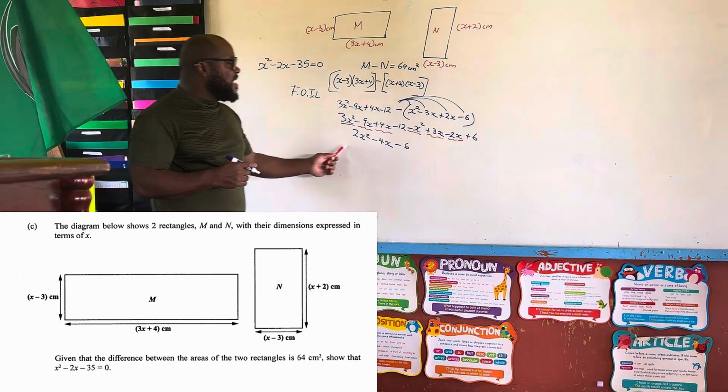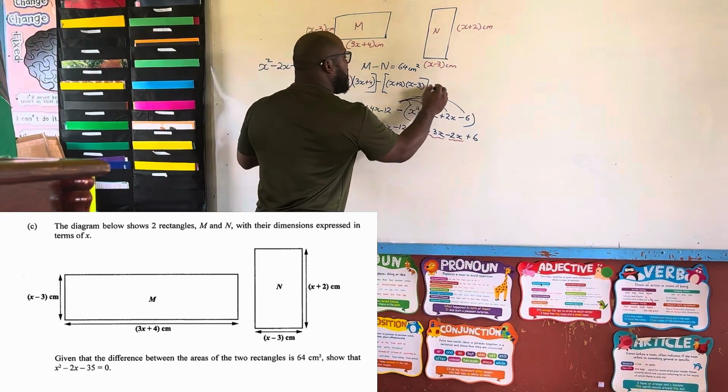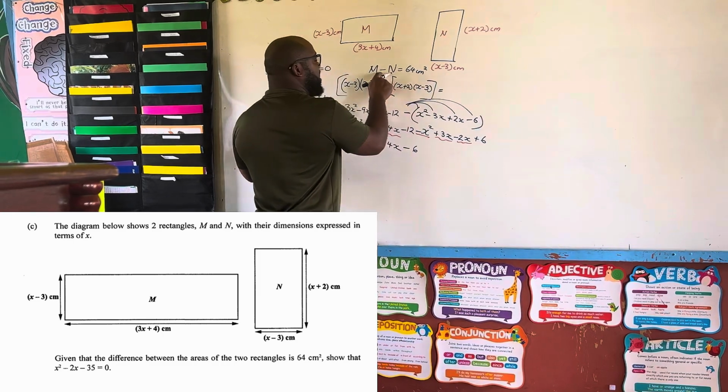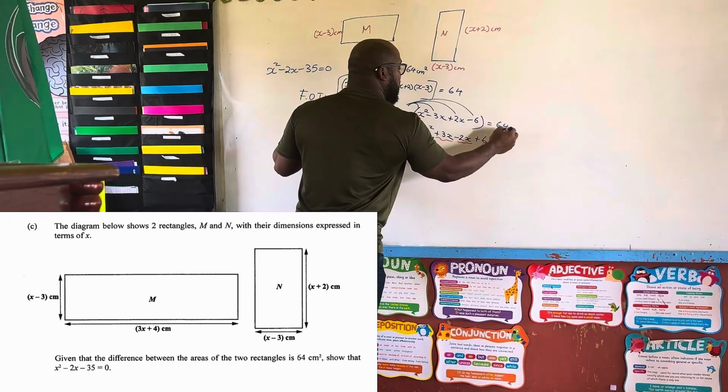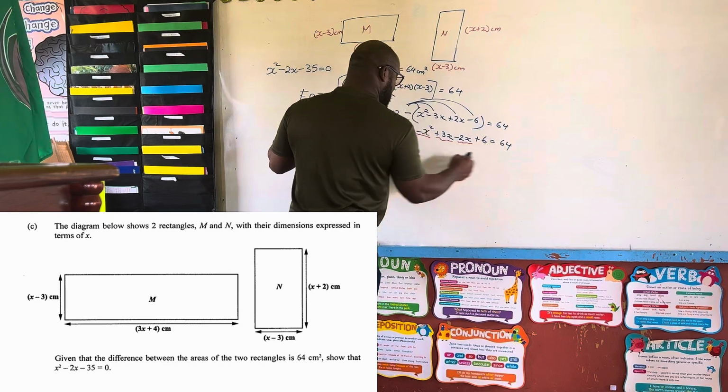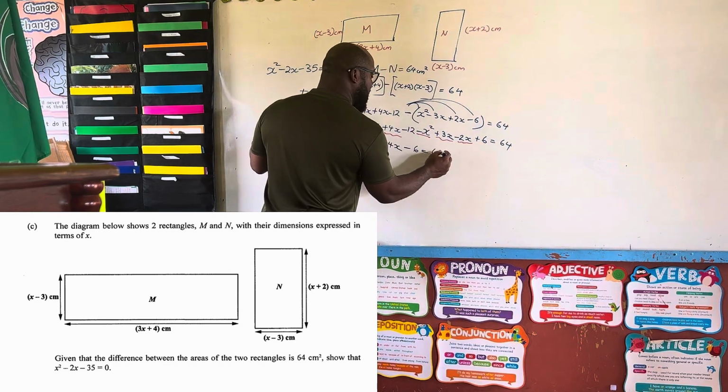They said all of this equals, well, when we subtract it equals what? 64. What's next?